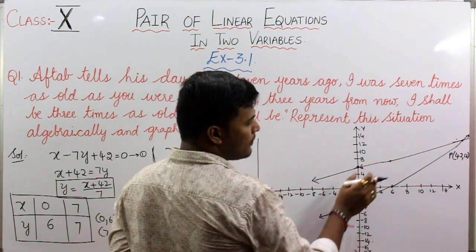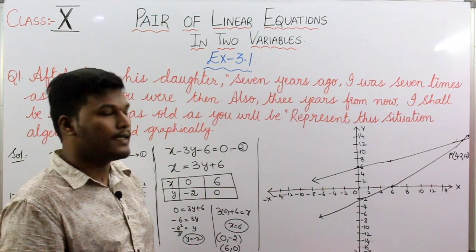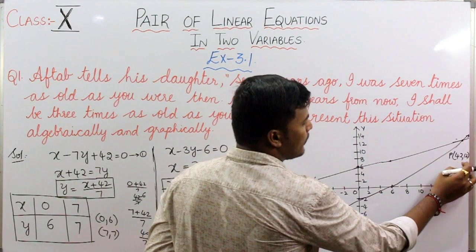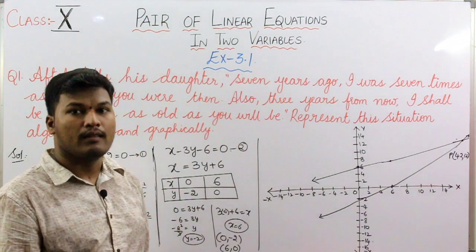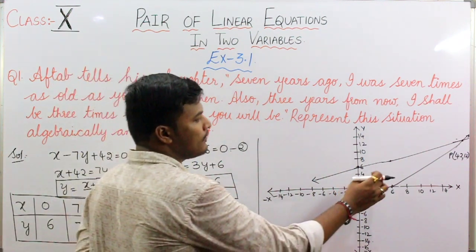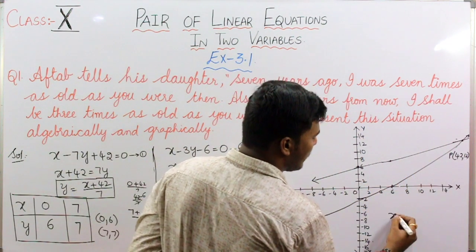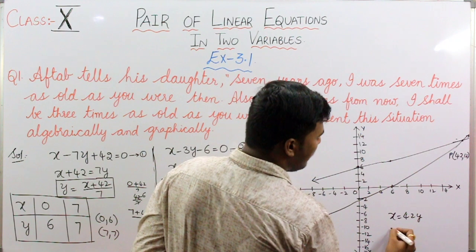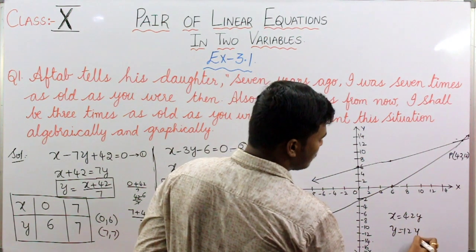Okay, when you extend it properly, it will be intersecting at P of 42 comma 12. So that is the age of the father as well as the daughter. So x is 42 years and y is 12 years.